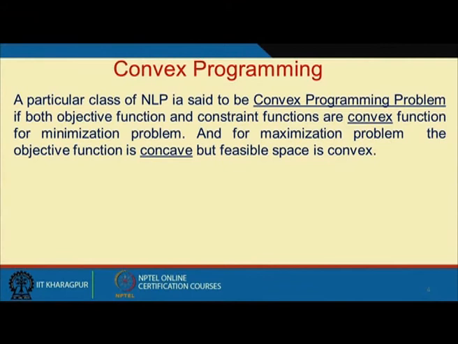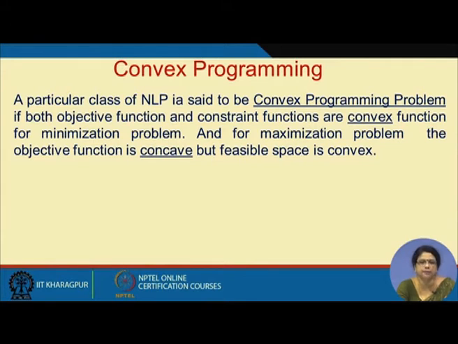Now, how do we define a convex programming problem? If it is a minimization problem, if the feasible space is convex and the objective function is convex, then the corresponding optimization problem will be a convex optimization problem.